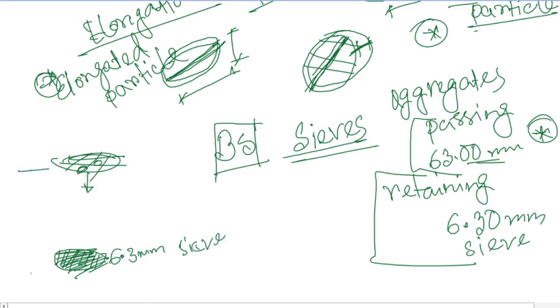Those particles which are passing through the one and retaining on the other, in between these two, there may be multiple sieves. All these particles will be taken as the sample.